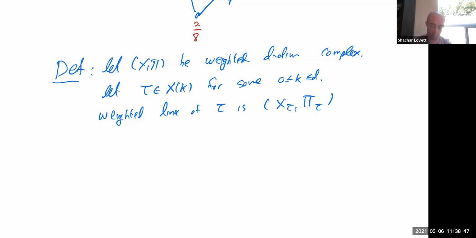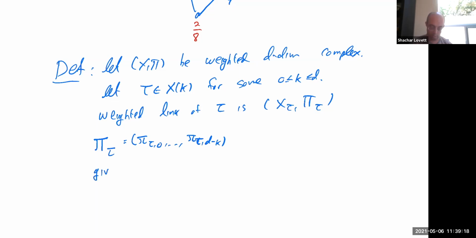So let me just write this formally. First of all, X_tau is going to be a (d minus k)-dimensional complex. So pi_tau I'll write as pi_tau,0 up to pi_tau,d-k, because it's a (d minus k)-dimensional complex now, and not a d-dimensional complex.